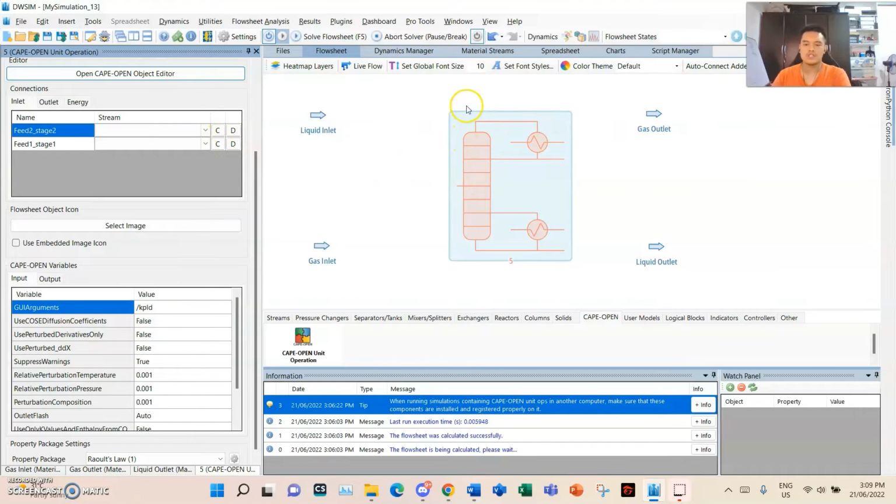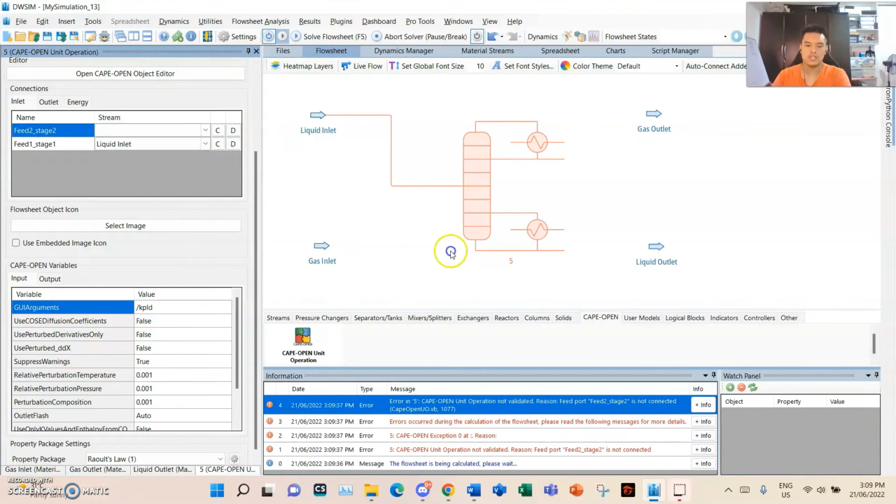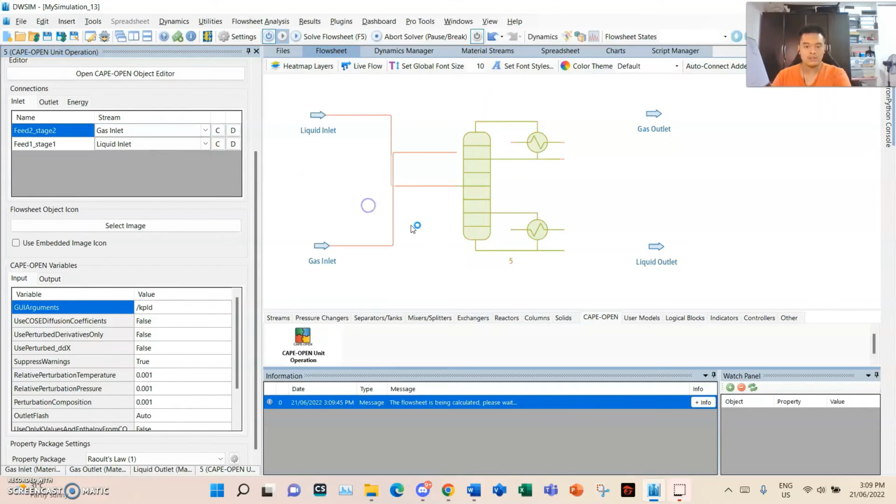So remember, the first stage is always at the top, and the last stage is always at the bottom. So the feed going into the first stage is actually always the liquid. So we'll put here at stage 1 the liquid inlet. And then the bottom stage is the gas inlet. Afterwards, we'll click the outlet stream.